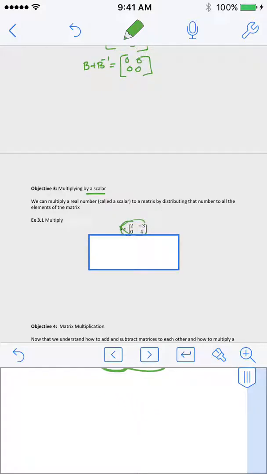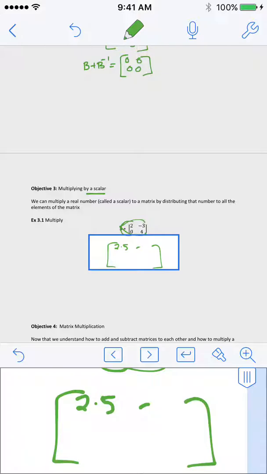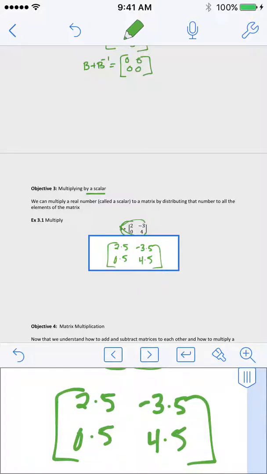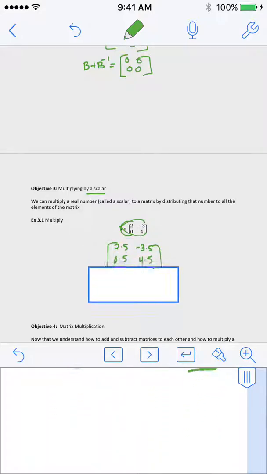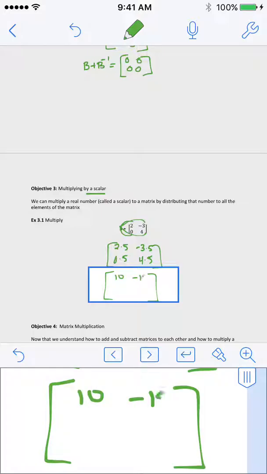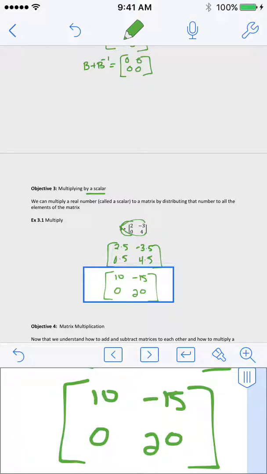So that ends up being 5 times 2, -3 times 5, 0 times 5, and 4 times 5. I'm just multiplying each entry by 5, and I end up with the new matrix of 10, -15, 0, and 20. That's going to be our scalar multiplication.